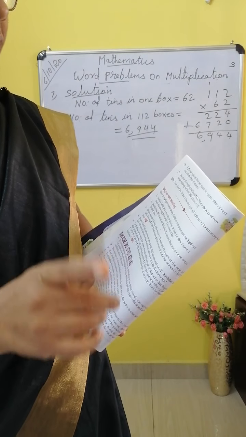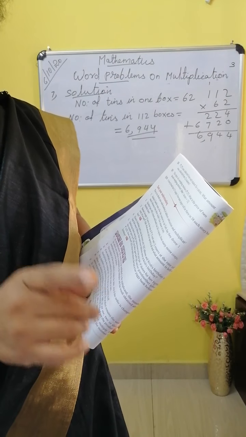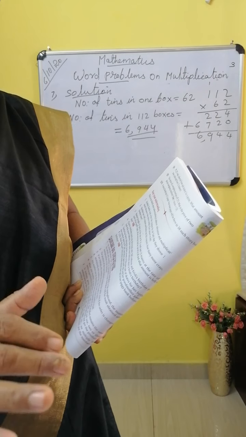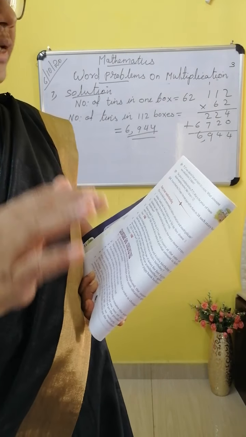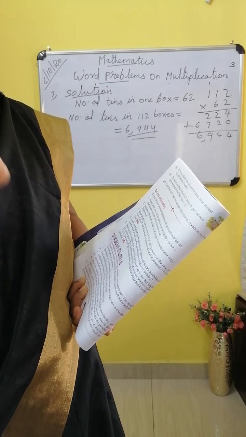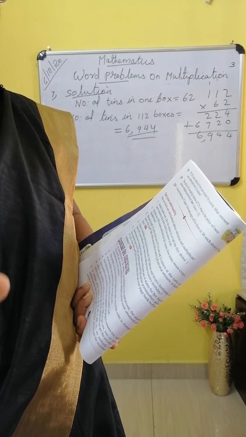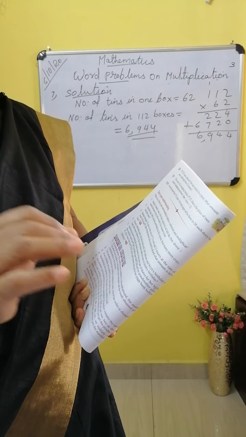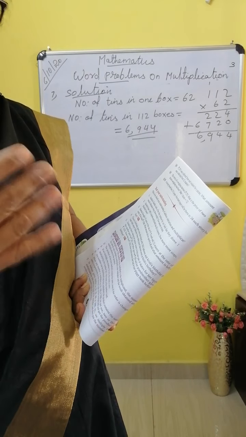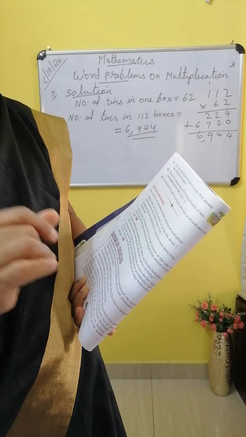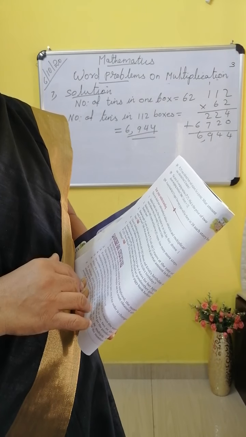Ninth one. The price of a weighing machine is rupees 375. What is the price of 2 dozen weighing machines? From that sentence, we can make one statement: the price of one weighing machine equals rupees 375.